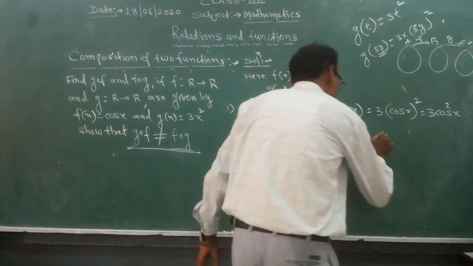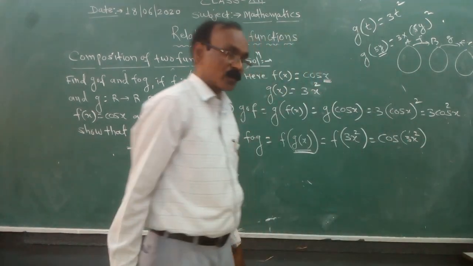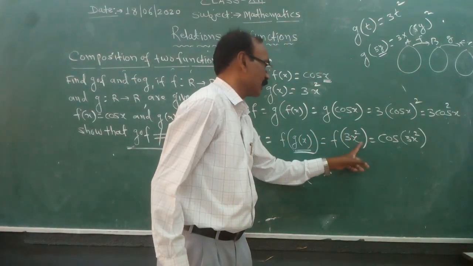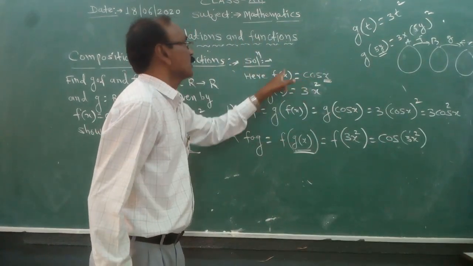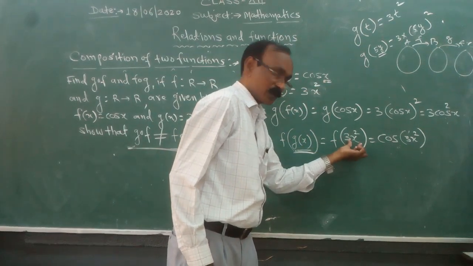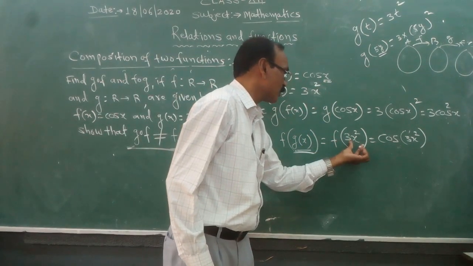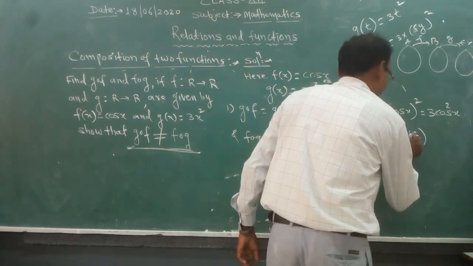So here it will be cos of 3x square. Here the domain of the function f is 3x square, so f of 3x square will be cos of 3x square.